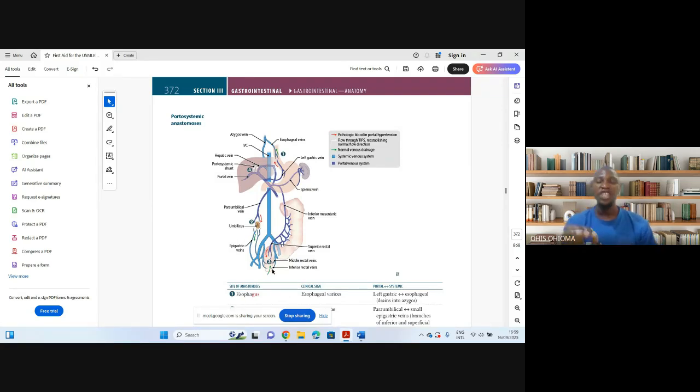Now, there is a procedure that you can use to circumvent this whole process. That procedure is known as TIPS, and we call it transhepatic portosystemic shunt, right? Now, instead of allowing blood to flow in a retrograde manner to all the tributaries of the portal circulation, you just connect a shunt between the hepatic vein and the portal vein.